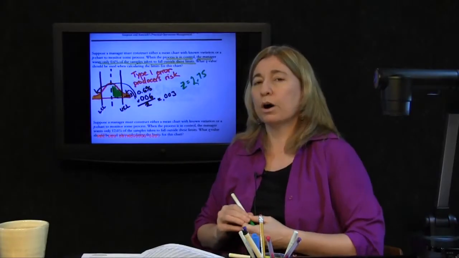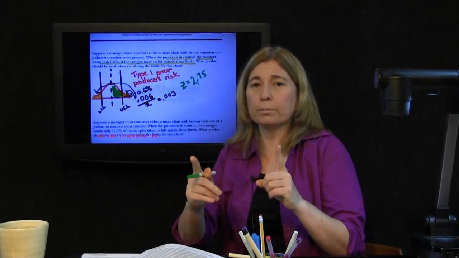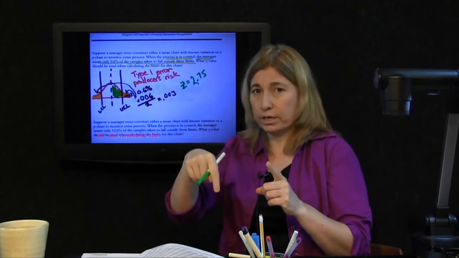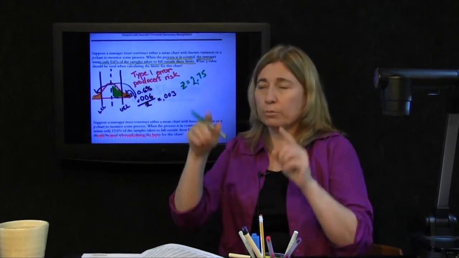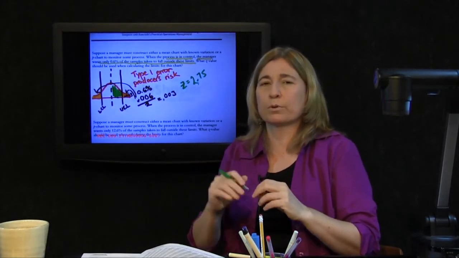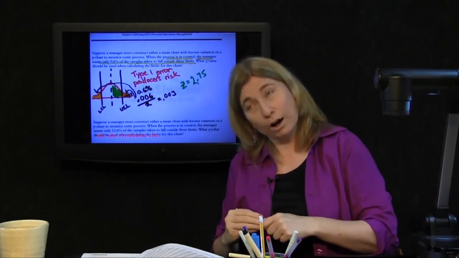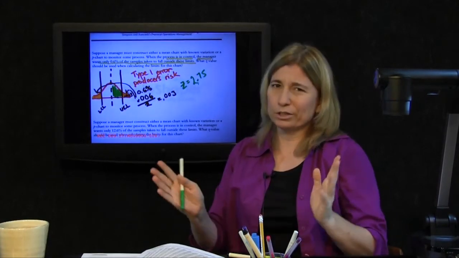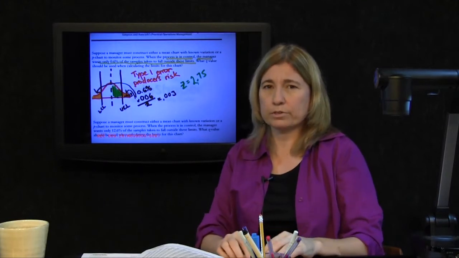If you calculated your limits, putting 2.75 in for z in that formula, then it would draw the limits such that exactly 0.6% of the samples would fall outside of the limits when in fact the process is actually in control. Oops, it happens.